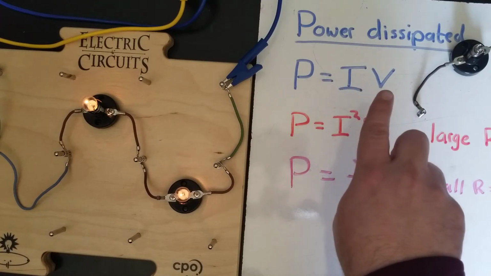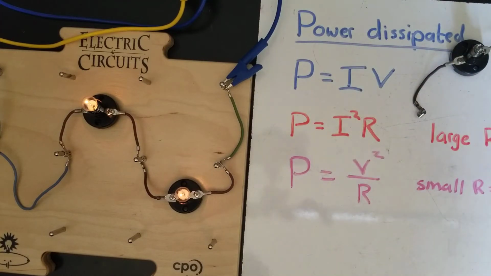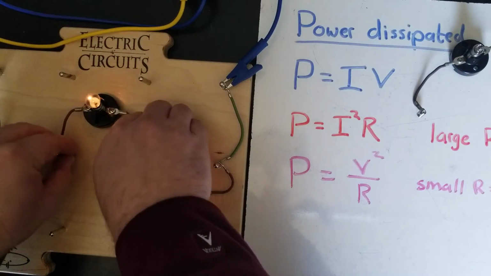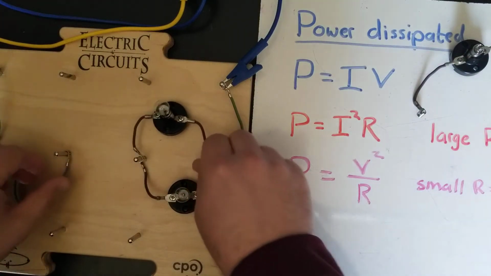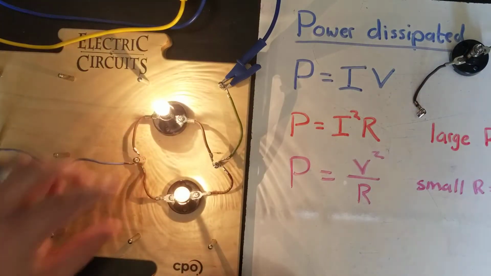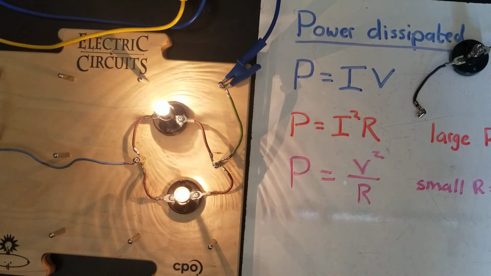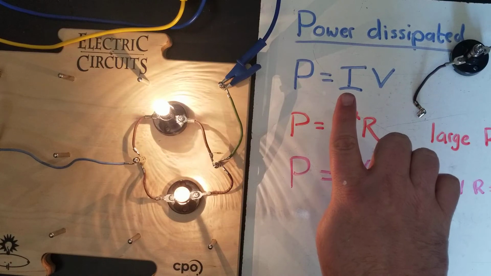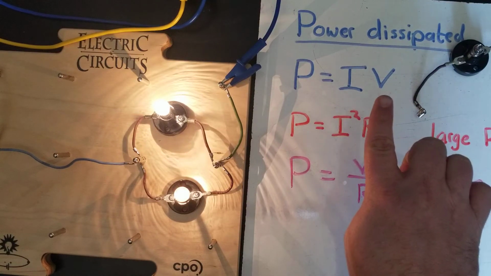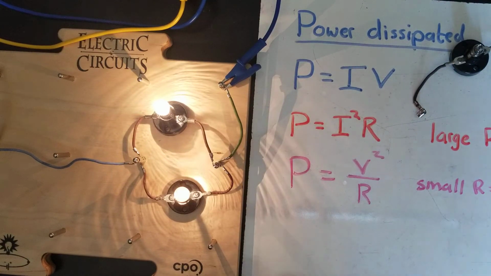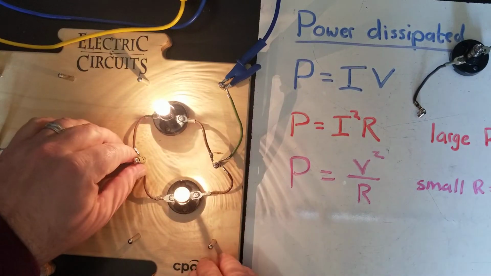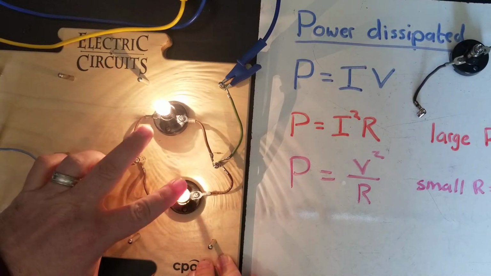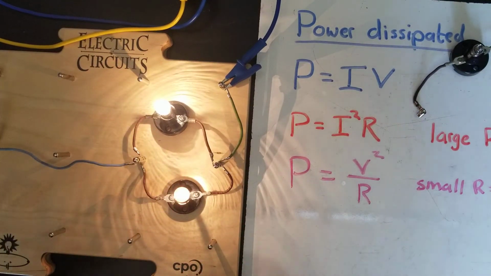So both the current and the voltage are reduced. And so when I go from a series configuration to a parallel configuration, we can make the claim that the light bulbs got 4 times brighter because we both doubled the current and we doubled the voltage. And so that's the first thing we need to be able to do: what happens to these light bulbs if they're in series versus parallel with each other?